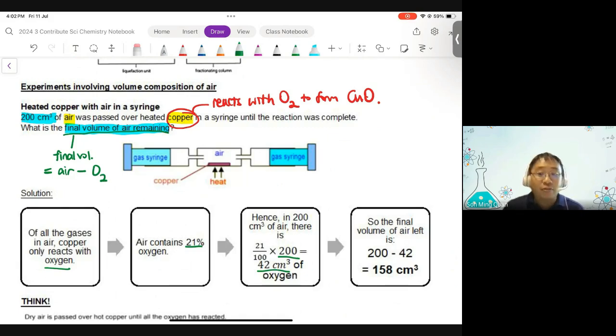So only 42 cm cube can react with copper. Hence, the final volume of air remaining left behind is 200 minus away 42. The air minus away the oxygen. 200 minus 42 is 158 cm cube. All right, so the final volume of air remaining is 158 cm cube.